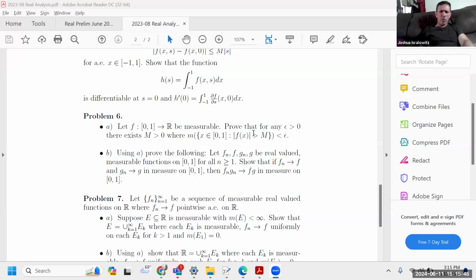And the key point of 6A is that it allows you to assume F and G are bounded. That's really, really important. Otherwise, I mean, you really just need that. Right.